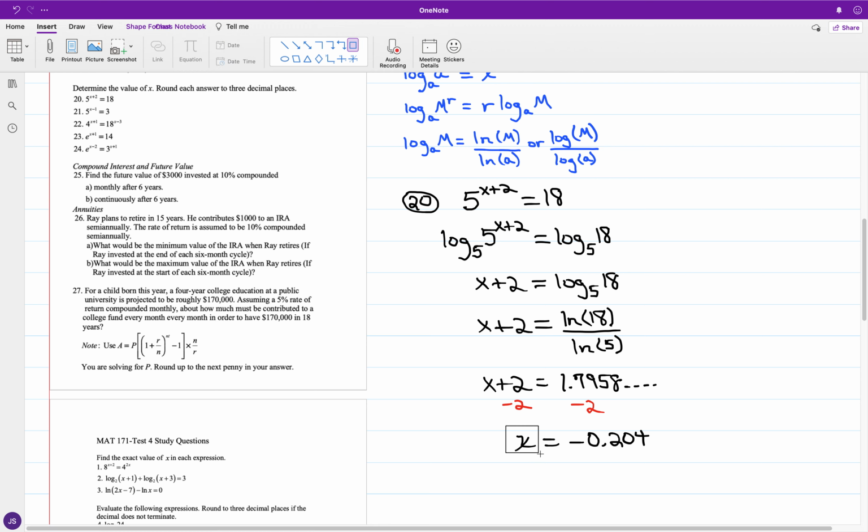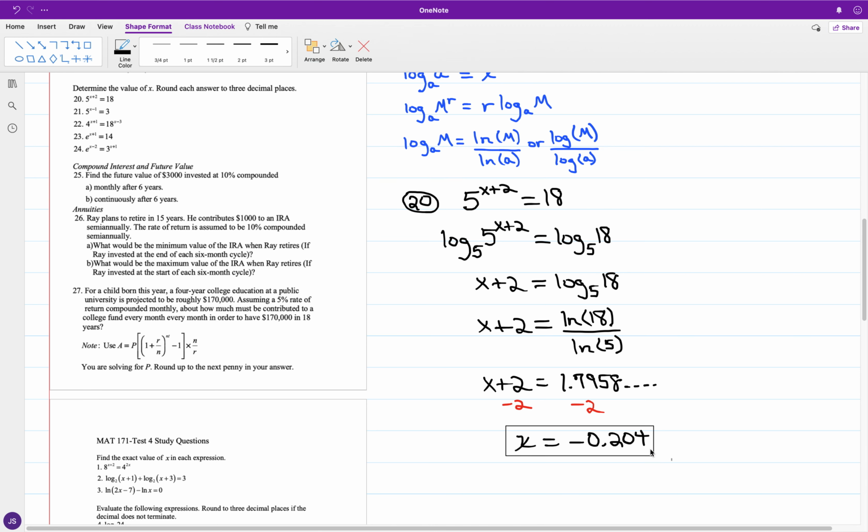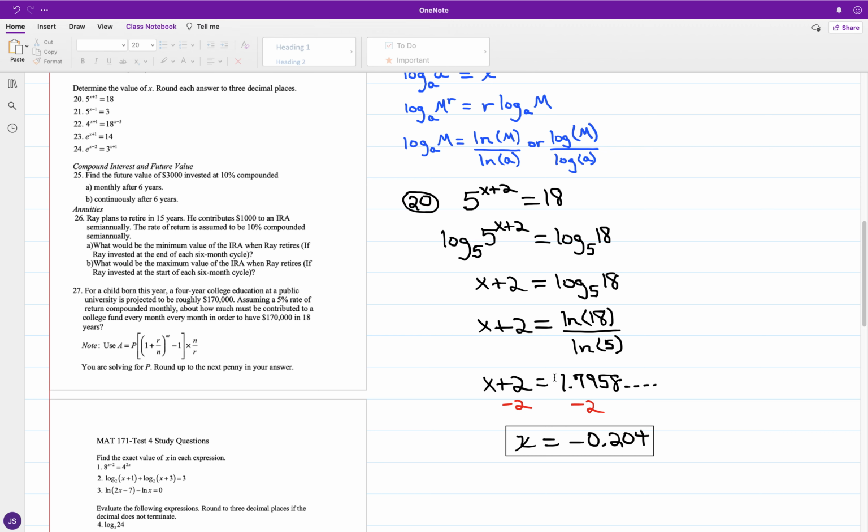If you were to plug in, there'll be a little bit of an error just due to the rounding, but if I took negative 0.204, added it to 2, and took 5 to that power resulting from the sum, that should come out very, very close to 18.